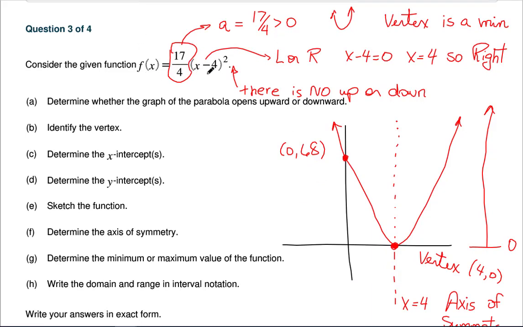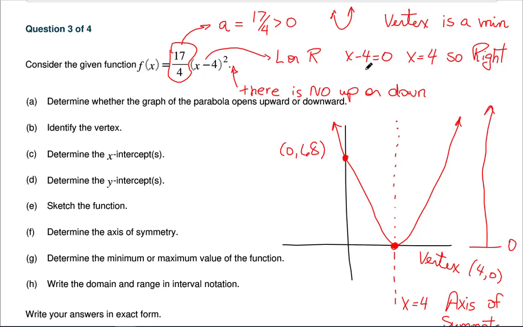17/4 times (x minus 4) squared. Alright, well, the 17/4 is positive, so the parabola looks up. The vertex is a minimum. There's nothing on the end, so there's no up and down. There's just this shift left or right.